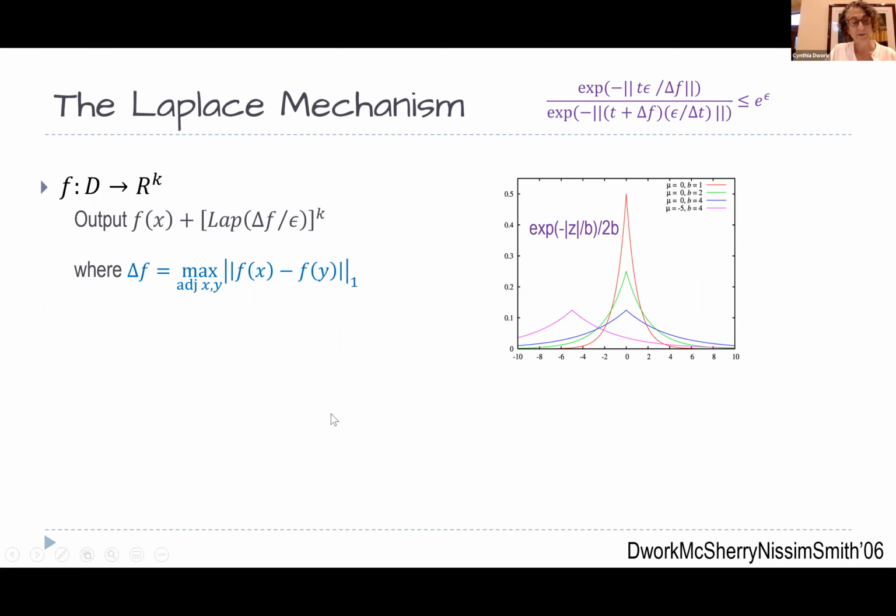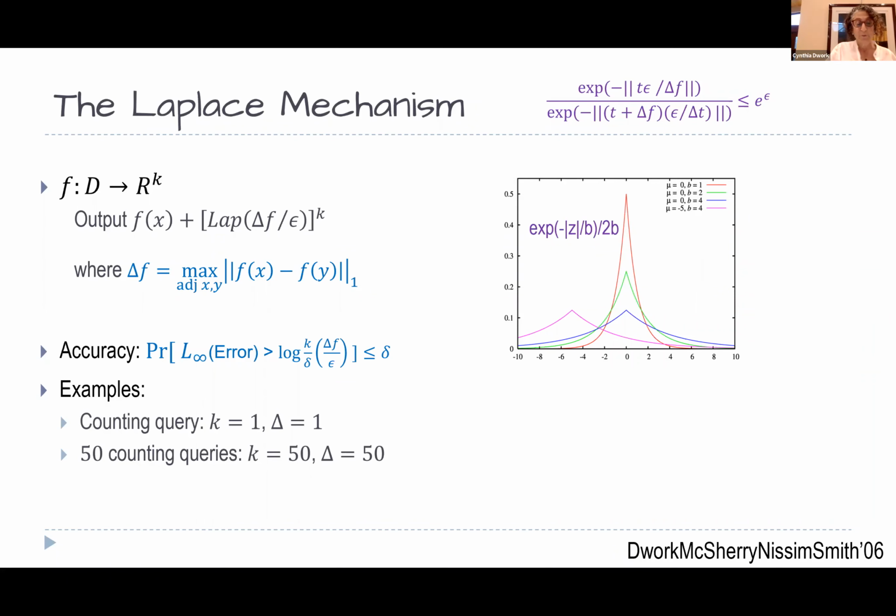And if you do this, then the L infinity error of your answer satisfies this bound: the probability that your infinity error is more than log of k over delta times this parameter, delta f over epsilon, is bounded by delta.